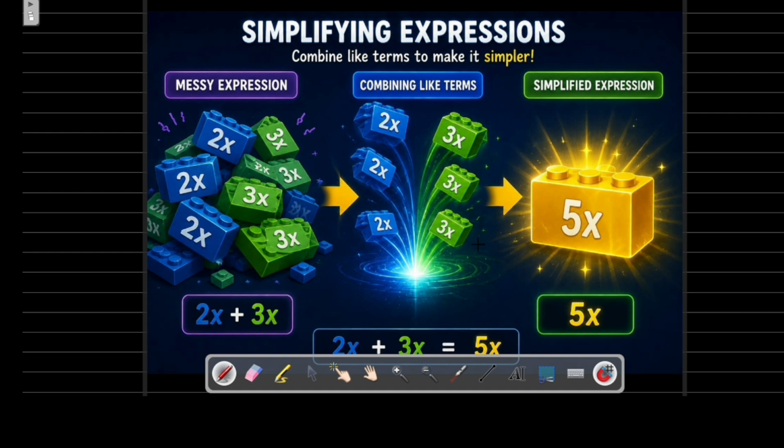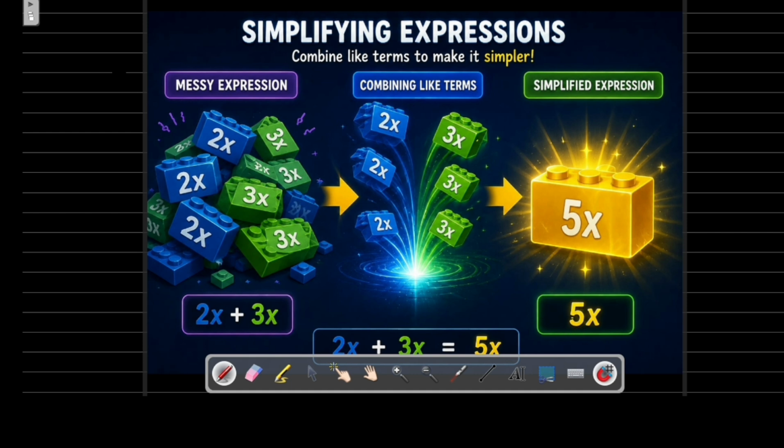Okay, so 2x and 3x are like terms because they have the same variable part, not just the variable but also the power of the variable. So we can add these terms because these are like terms, and the answer will be 5x.